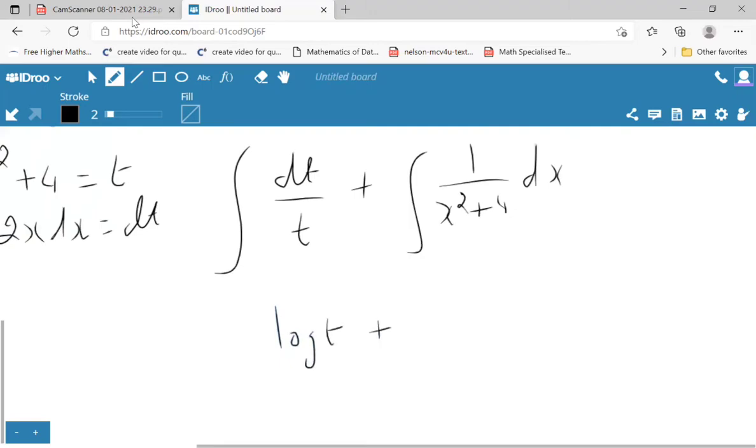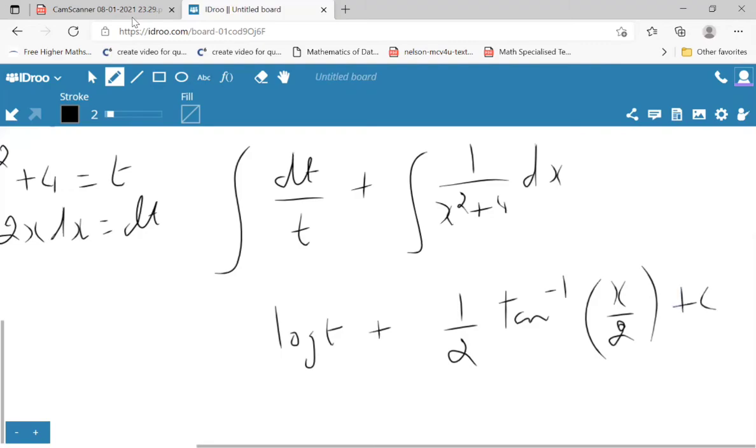This is nothing but log t plus 1 by a tan inverse. So a squared is 4, so a is 2. So 1 by 2 tan inverse of x by 2. You know, integration of dx by x squared plus a squared is nothing but 1 by a tan inverse of x by a. Here a is 2, so 1 by 2 tan inverse of x by 2 plus c.